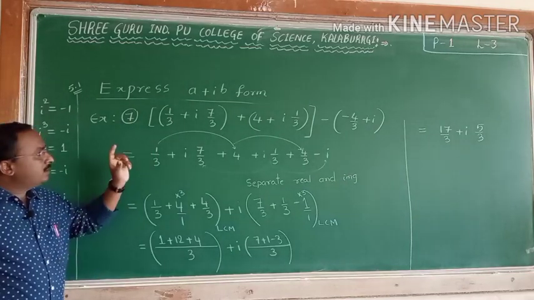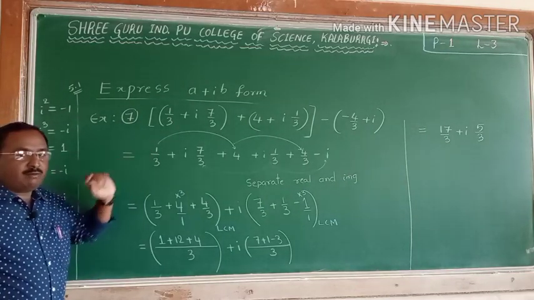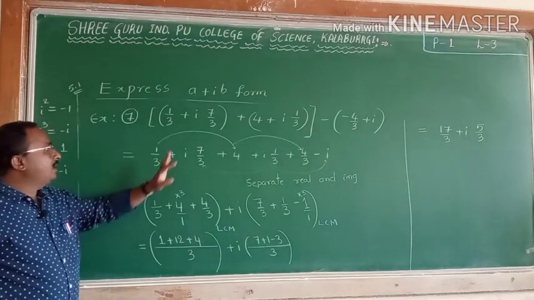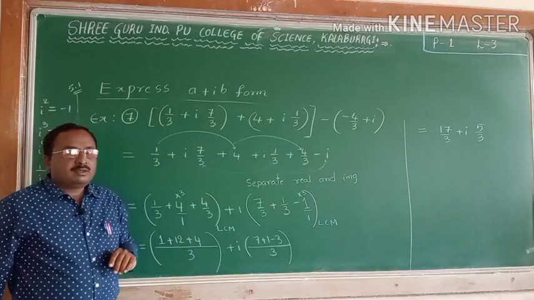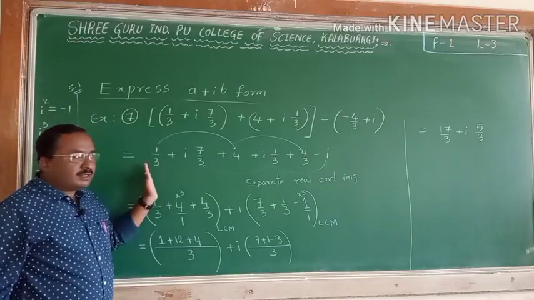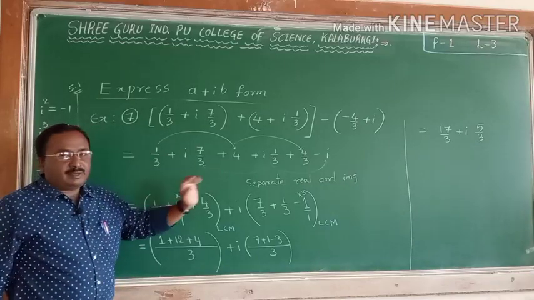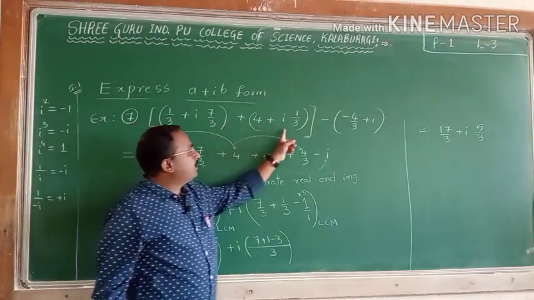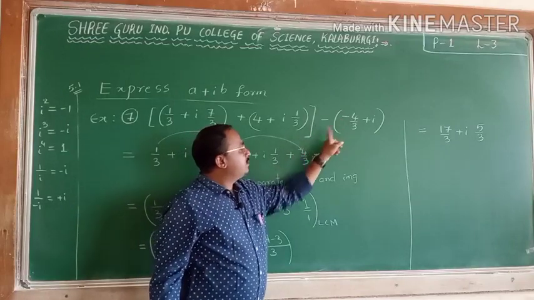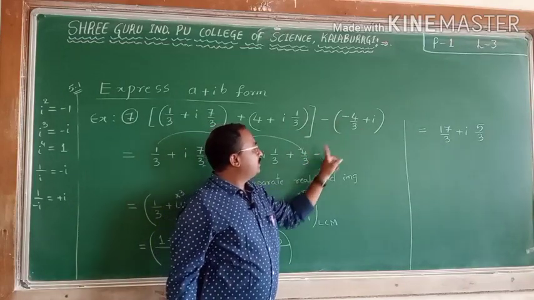Express in a plus ib form, and the middle plus or minus sign is there. Separate for the real parts, separate for the imaginary parts. Here as usual write minus, plus, minus.